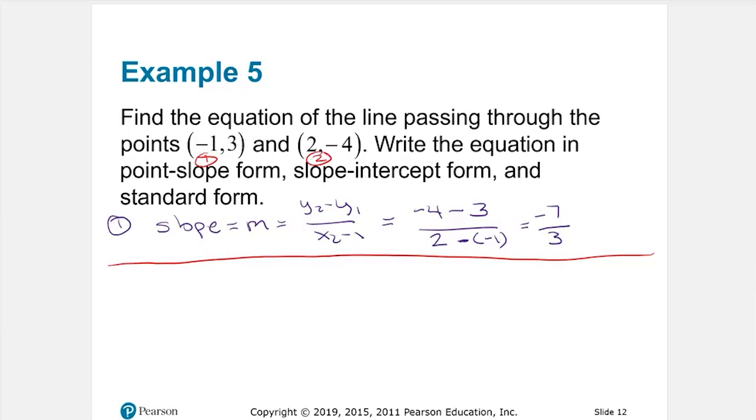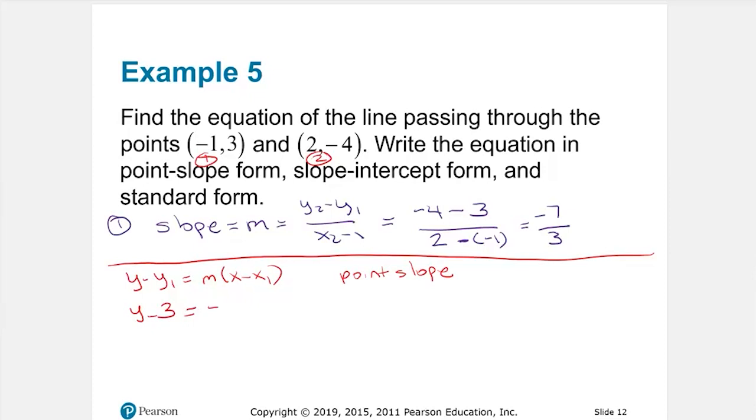So if I put it in point slope, it is y minus y1 equals m times x minus x1. So I have y, this is point slope. So I have y minus, I'm going to use point 1. So I have y minus 3, because y1 is 3, equals m.